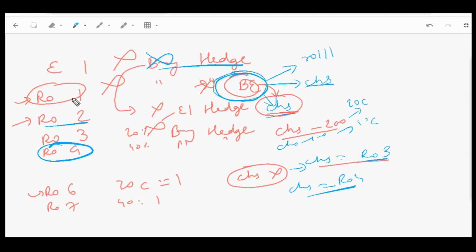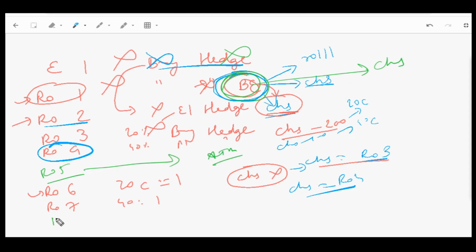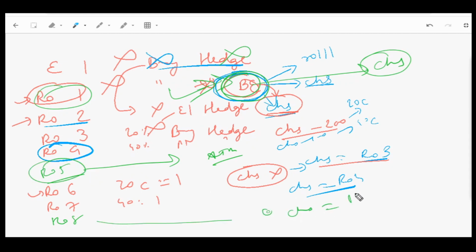Because as soon as we are at break even, we are exiting the previous hedge and we are assigning this break-even strike as CHS. So after that, if RO5 happens, it will buy the ATM at RO5, and from RO8 it will exit the current CHS, which would be the RO1 strike, the break-even strike. And as soon as RO8 happens, we will give CHS a new value of RO5.